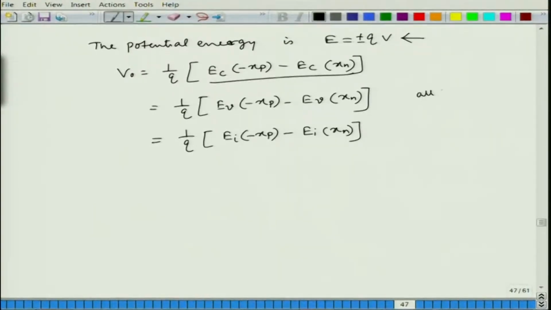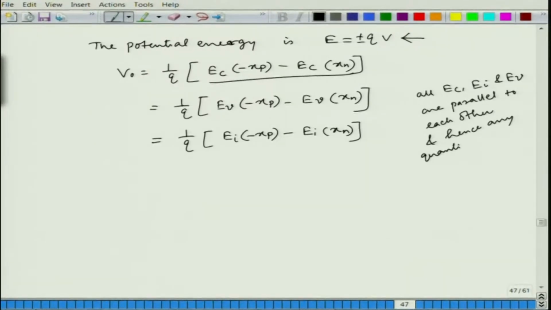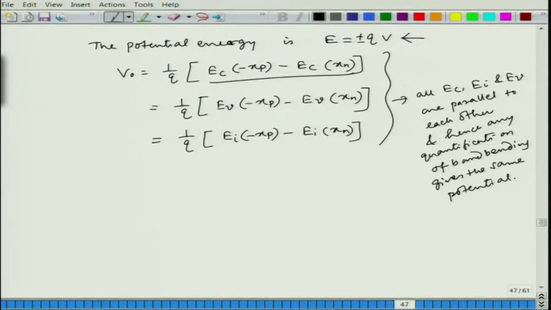So, all E C, E I and E V are parallel to each other, and hence any quantification of band bending gives the same potential. Isn't it?